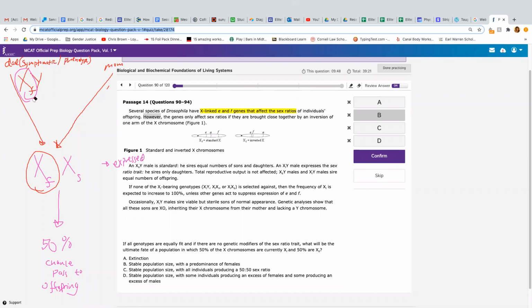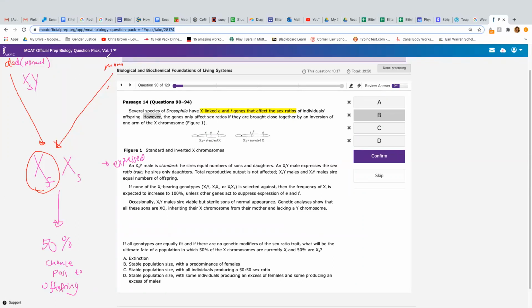Now, on the other hand, if the father lacked the phenotype, so if the father was normal, we know the father is X and Y. That means that the father had to have given his daughter the X chromosome. We know that because the daughter has 2 X's. One came from mom, the other one came from dad. So if the dad is fine, obviously the X that he gave his daughter was okay.